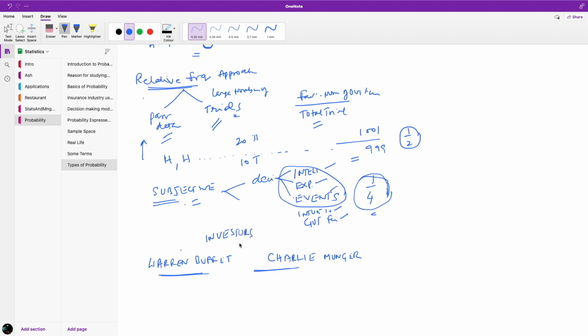They are Americans, and they are among the top richest people who have made billions of dollars by investing in companies. And they pick companies from their wisdom, intuition, experience, and past knowledge. So this is how they have used subjective probability to pick companies.